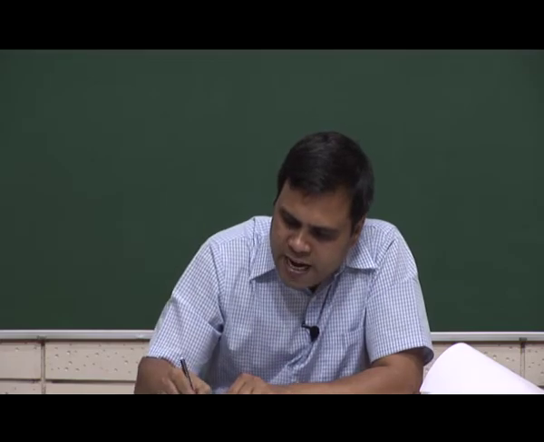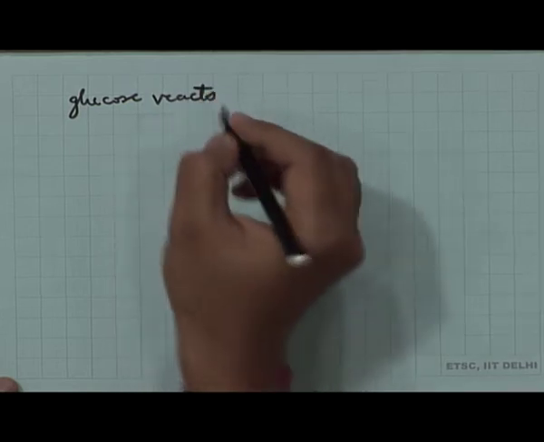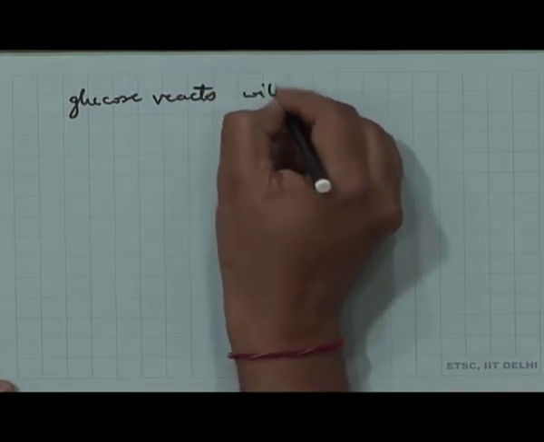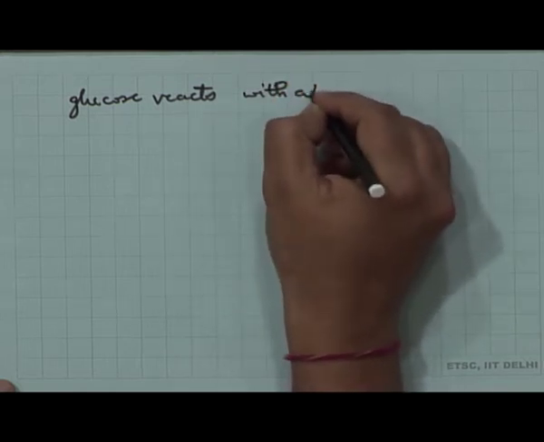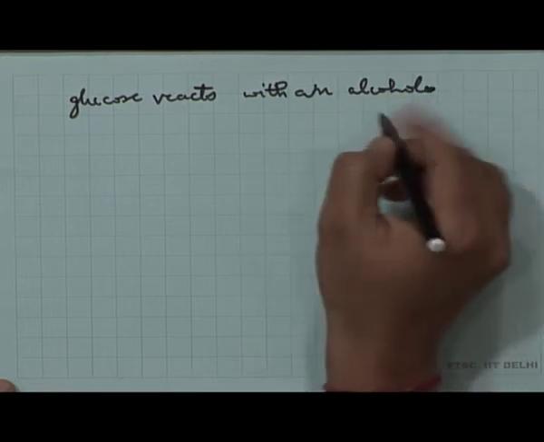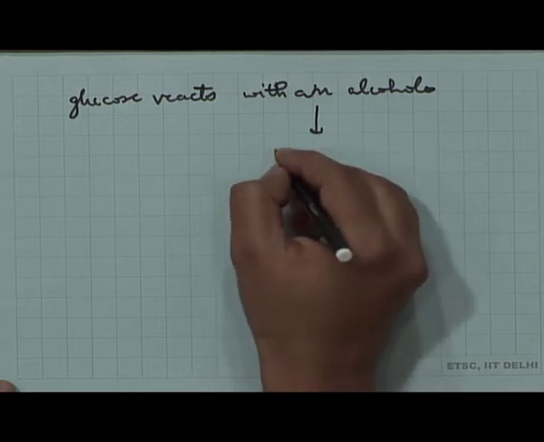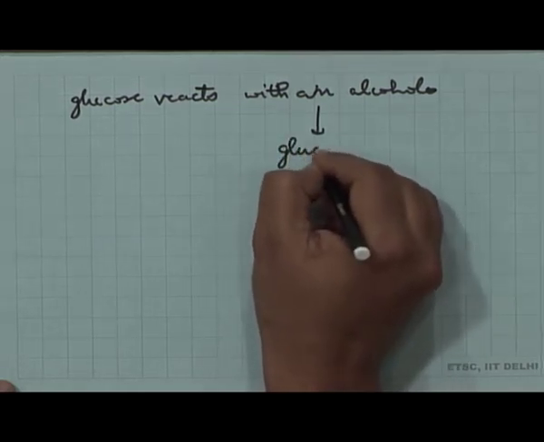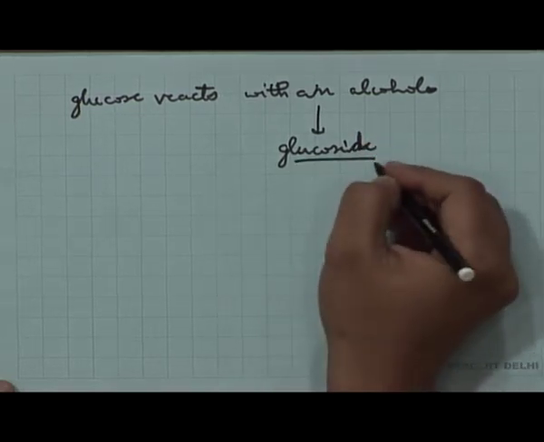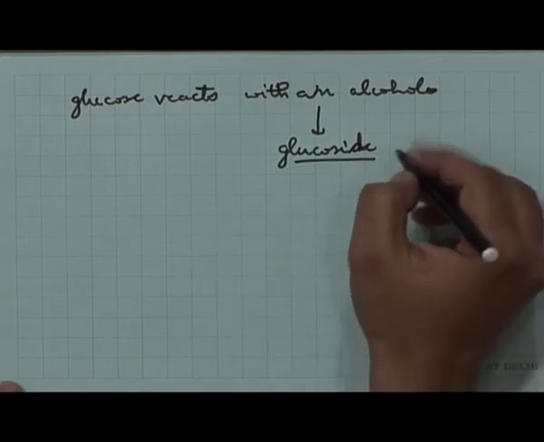When glucose reacts with an alcohol to form glucoside, the major product is the alpha glucoside.